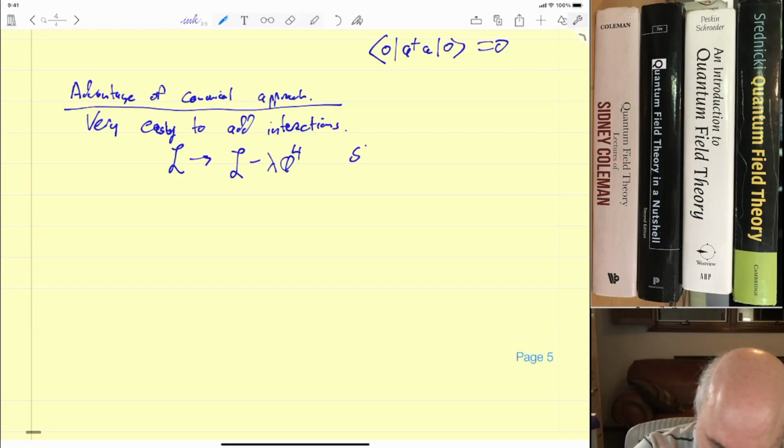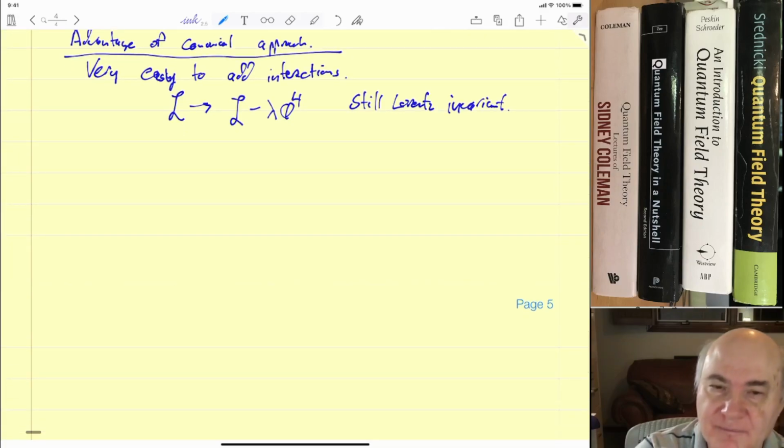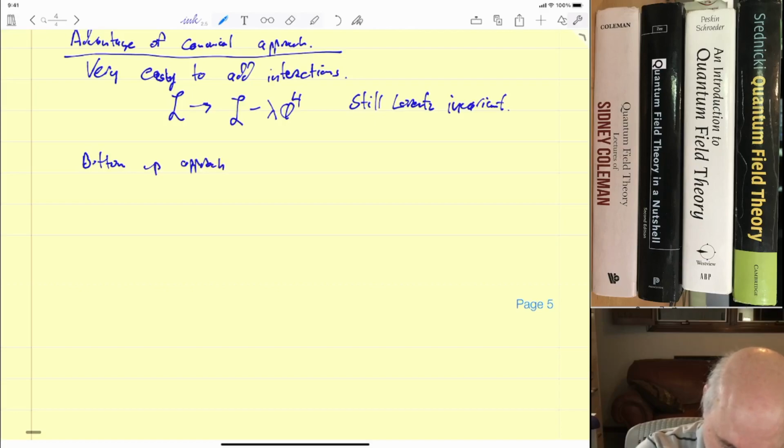This is going to still be Lorentz invariant. And it's easier to show that we'll still have all those other properties that we want, such as commutators vanishing outside the light cone. The problem with the bottom-up approach is that it will fail, and we can do perturbation theory.